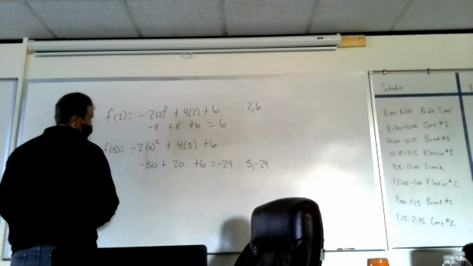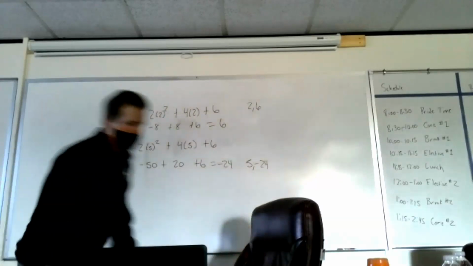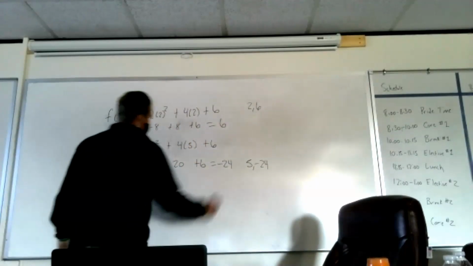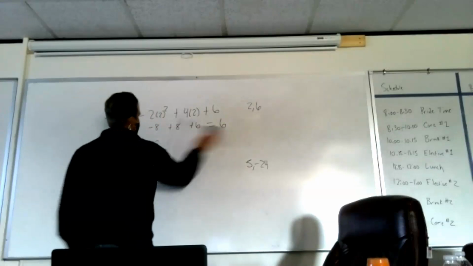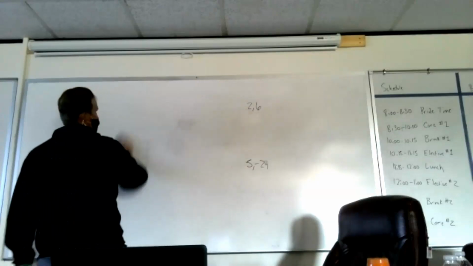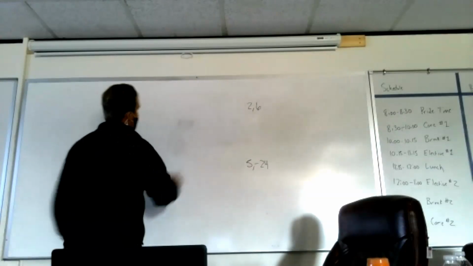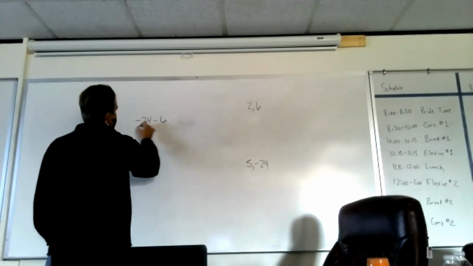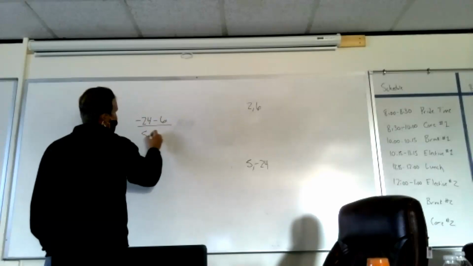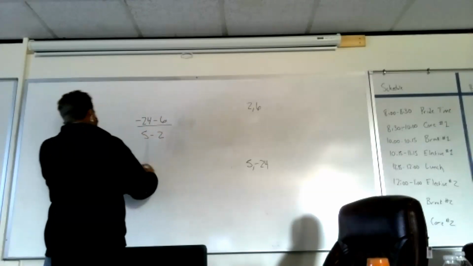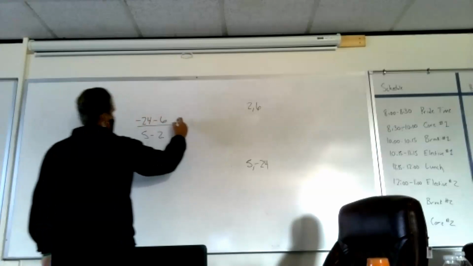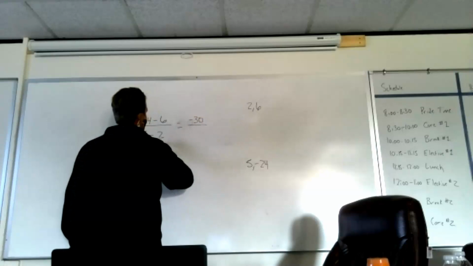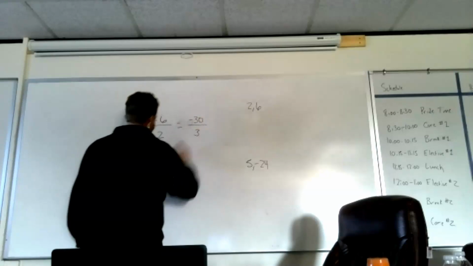Okay, from here, since I have my points, that was just me plugging them into my equation to get my y values. Now I just plug it into the slope formula. Okay, so on the top, I'm going to have -24 minus 6 over 5 minus 2. -24 minus 6 is equal to -30. 5 minus 2 is equal to 3.